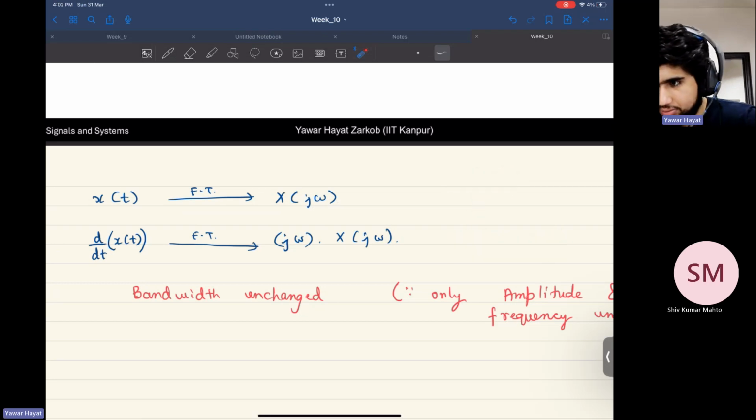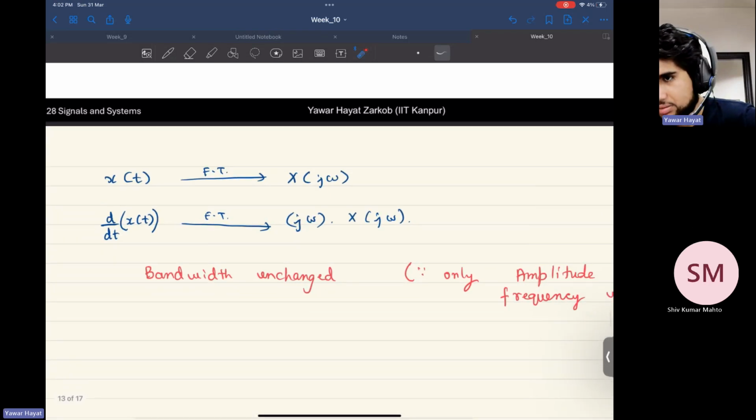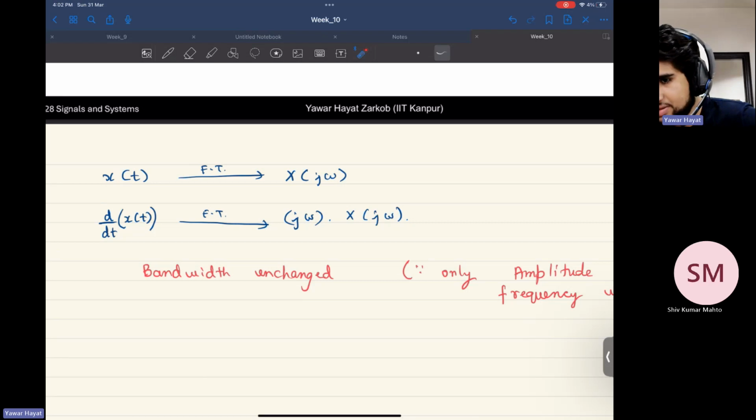In that case, some different frequencies will be introduced, apart from the ones that were present in the original signal, right? And for that case, our bandwidth will change, and accordingly, we will have to determine this Nyquist sampling rate. Okay.